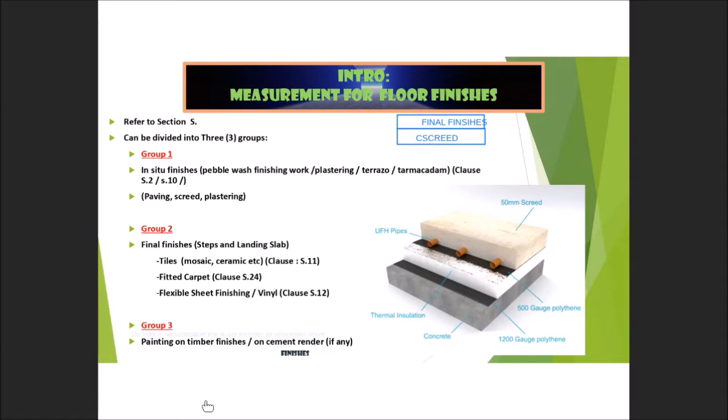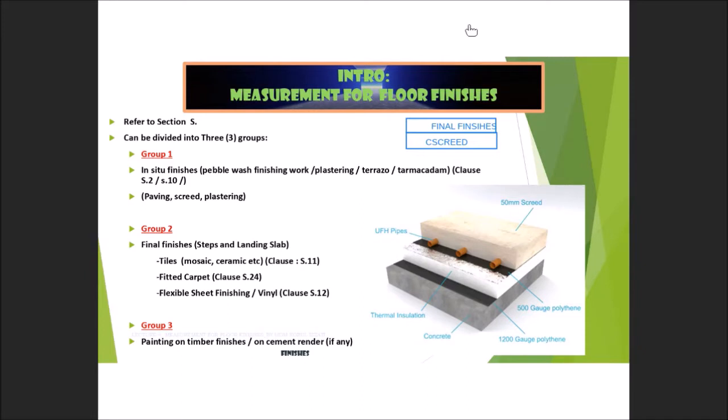So it depends on the specification. The third one, painting. But for painting I am focusing on the painting on timber finishes, or maybe on the cement render. You can see sometimes cement render has been painted with yellow. Normally I see it in red color or green color.